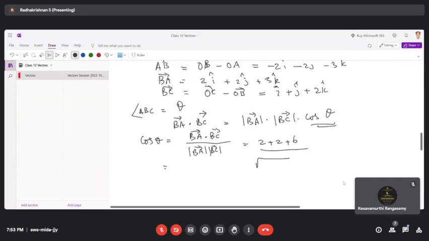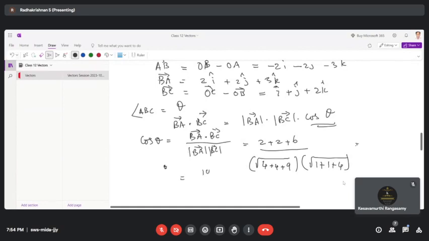Magnitude of root of 4 plus 4 plus 9, into what is magnitude of BC? 1 plus 1 plus 4. That's all you have to do.